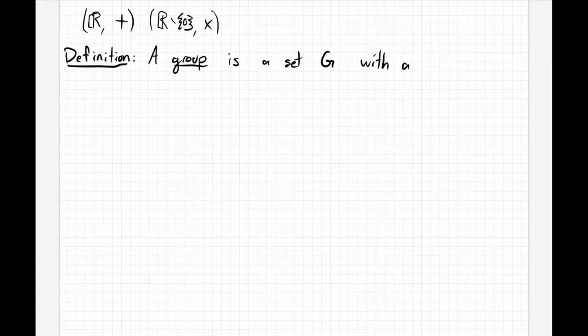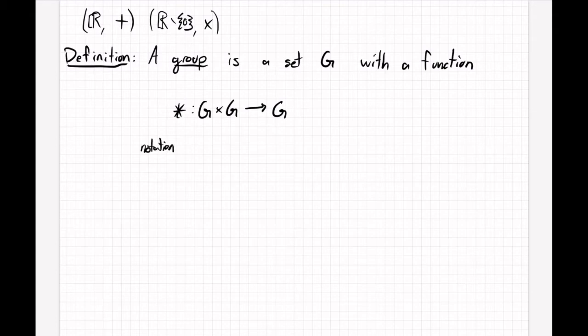This isn't something you should remember, but it's just a set with a function that is from G cross G to G, and maybe I'll call this operation star because I don't know if it's plus or times.